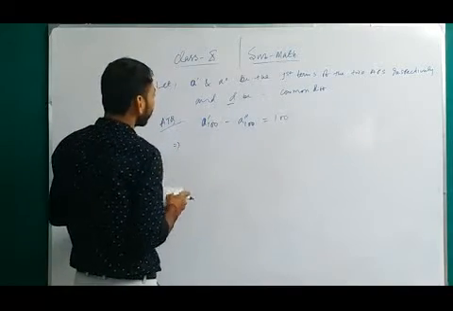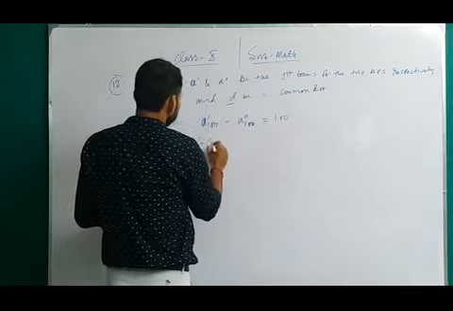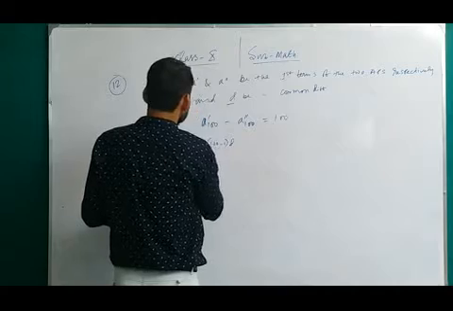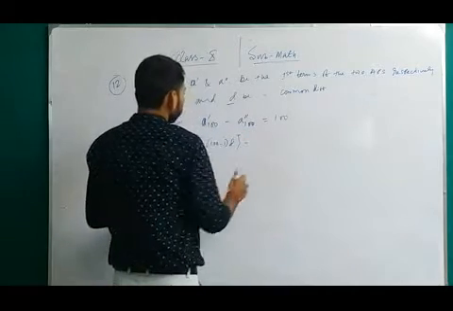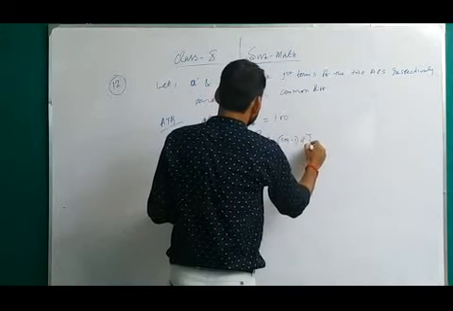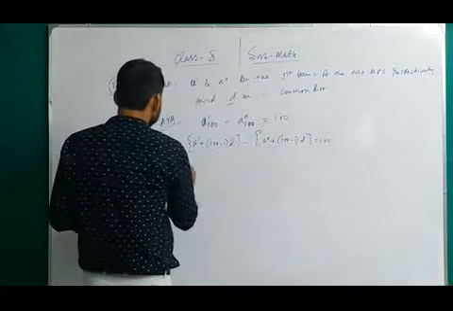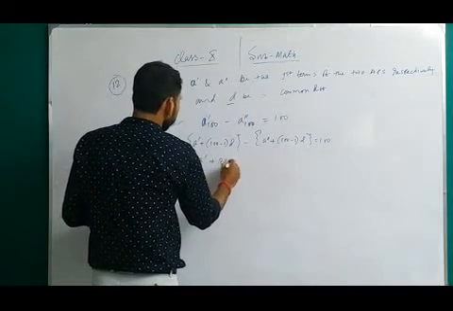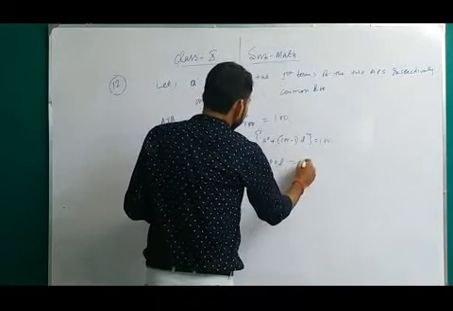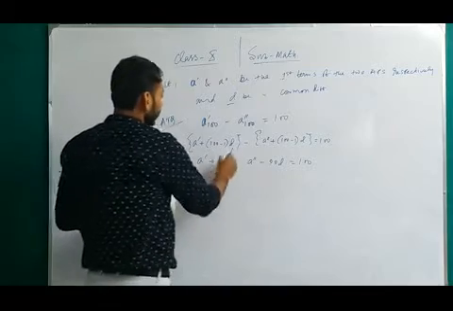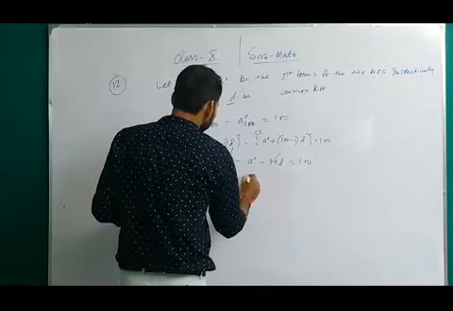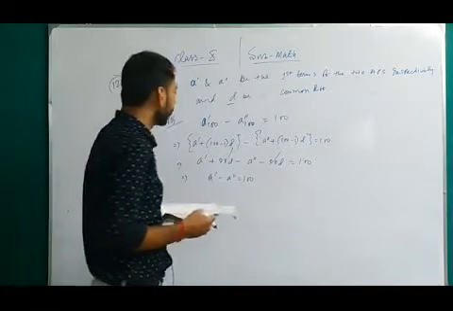Now I am using the formula: a prime plus 100 minus 1 into d, minus a double prime plus 100 minus 1 into d, equals 100. So a prime plus 99d minus a double prime minus 99d equals 100. You can see here 99d will be cancelled out. That means we get a prime minus a double prime equals 100. That means the difference between their first terms equals 100.